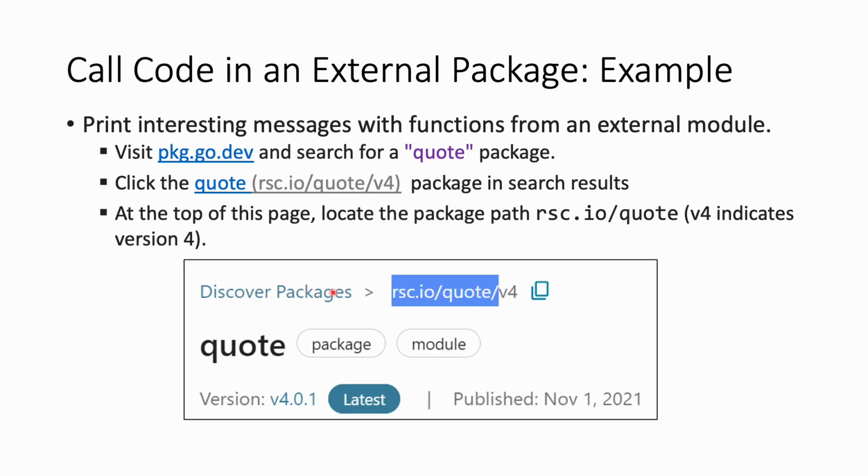At the top of the page for the code package, locate the package path rsc.io/code. The v4 following the package path indicates version 4 of the package. By convention, the package name is the last element of the package path.